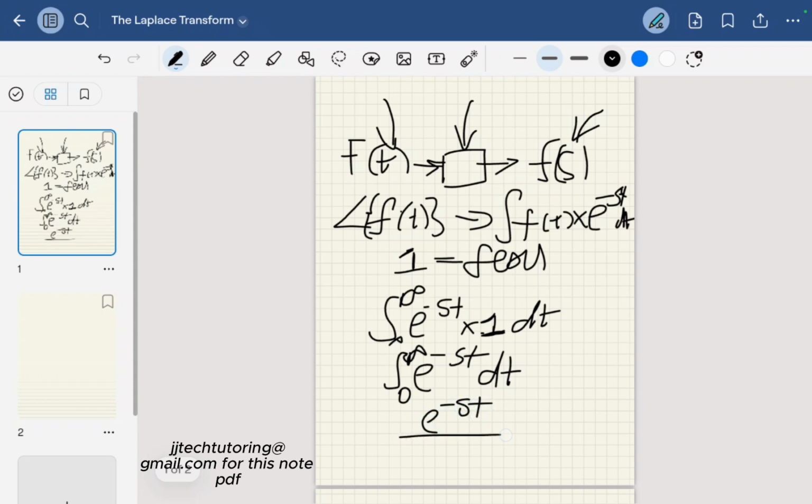The derivative of negative st with respect to t is negative s. So we have integrated already, and it should be from infinity to 0.